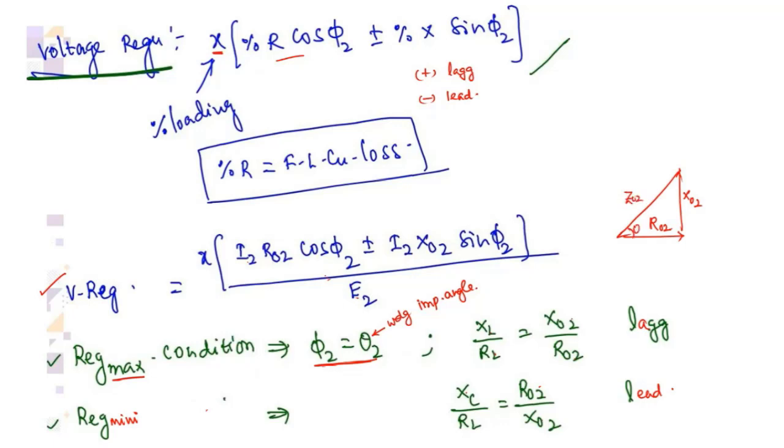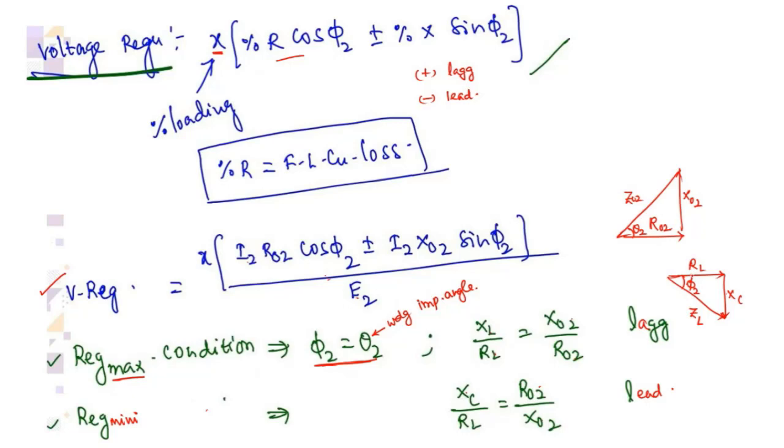This is the impedance triangle, so I can write it as theta 2. And this is RL, this is XC, and this is ZL. So this is the load power factor triangle. So tan phi 2 can be taken as XC by RL.